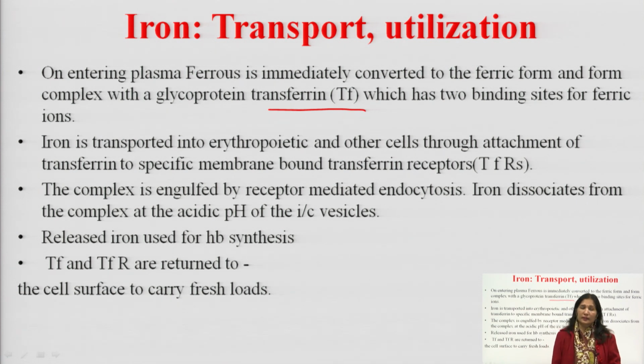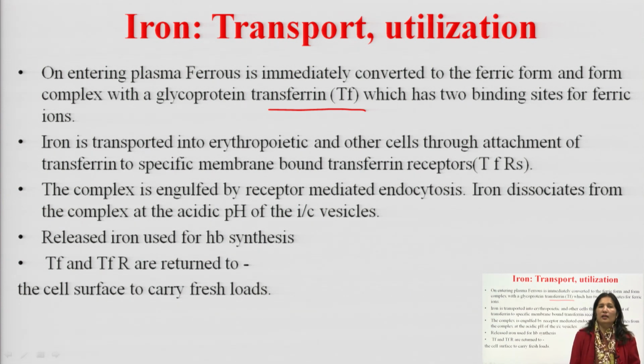This complex is engulfed by receptor-mediated endocytosis, and iron dissociates from the complex at the acidic pH of the intracellular vesicle. The released iron is used for hemoglobin synthesis, and transferrin receptors are returned to the cell surface to carry a fresh iron load.